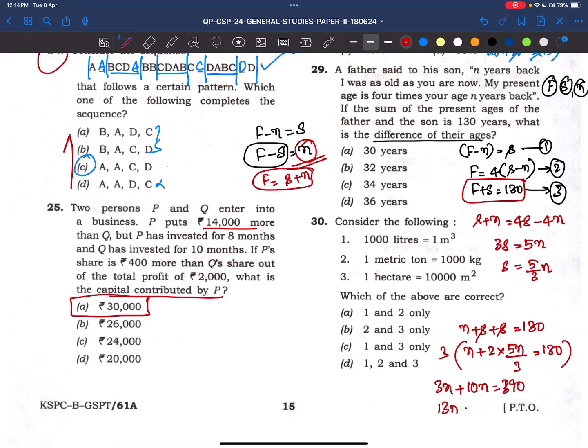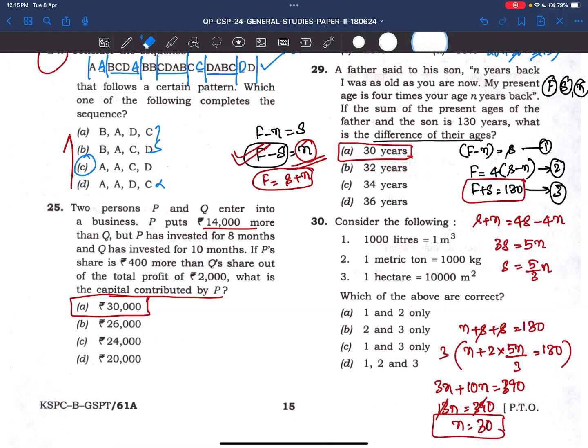So 13N is equals to 390. What is N value? N is equals to 30. See here, from this equation, we know the difference between the ages will be N, right? So directly we calculate N value. Okay, answer is 8.